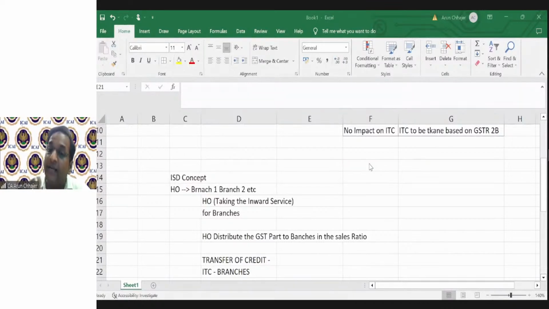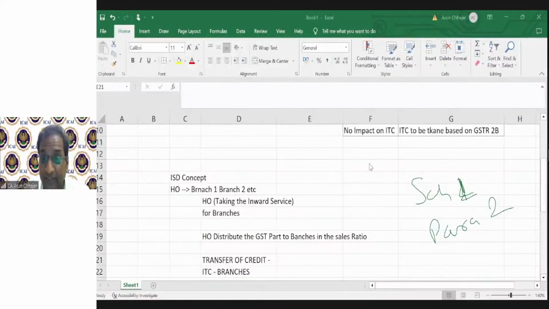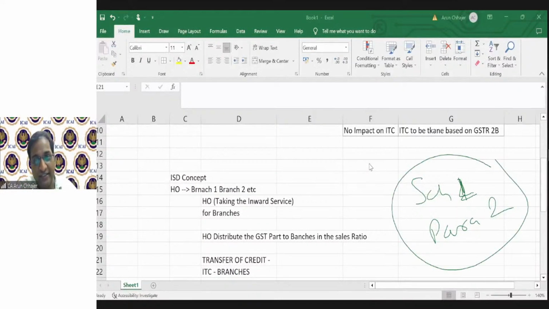और दूसरा, अगर ब्रांचेस को कोई ट्रांजेक्शन होता है तो आपको ध्यान होगा शेड्यूल 1 पैरा 2, याद होगा ना? शेड्यूल 1 पैरा 2, डिस्टिंक्ट पर्सन सप्लाई इवन विदाउट कंसिडरेशन. याद है या नहीं है?